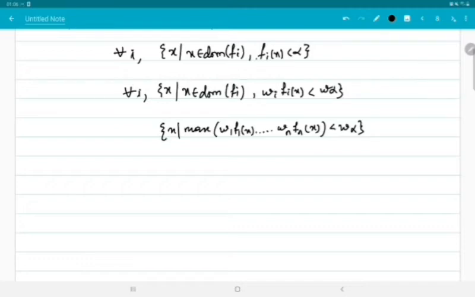So this is an intersection of convex sets, so it is a convex set. Since this is a convex set, this max function is quasi-convex.